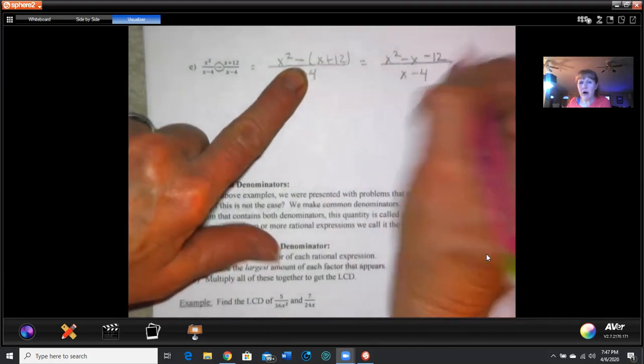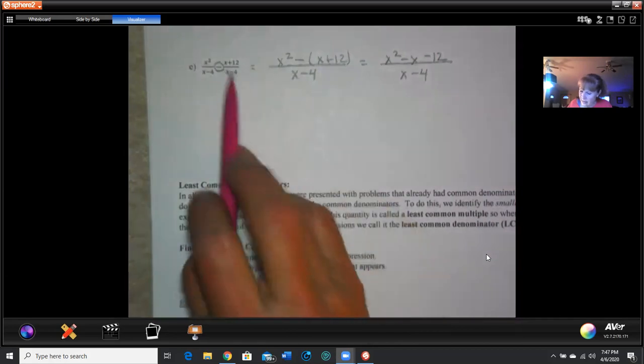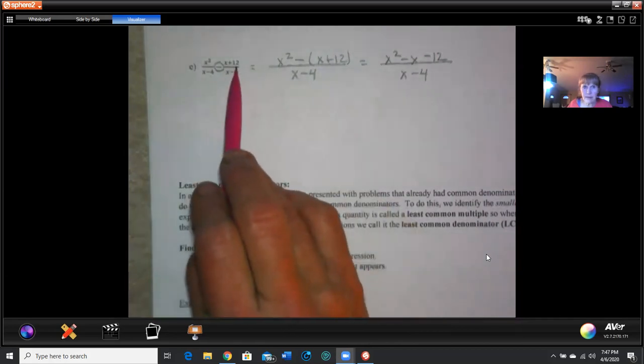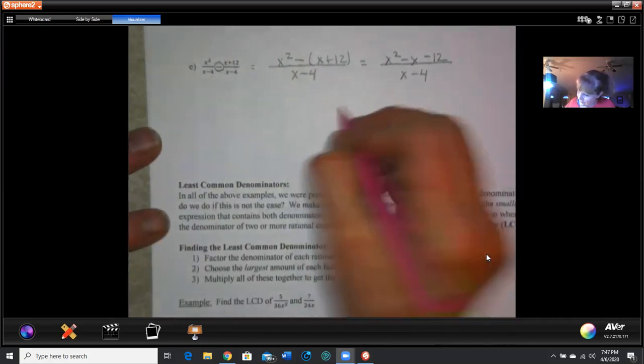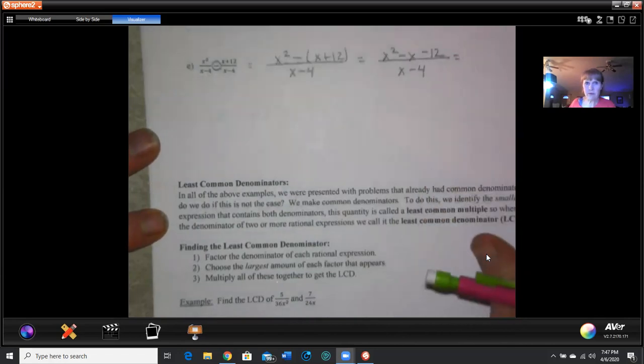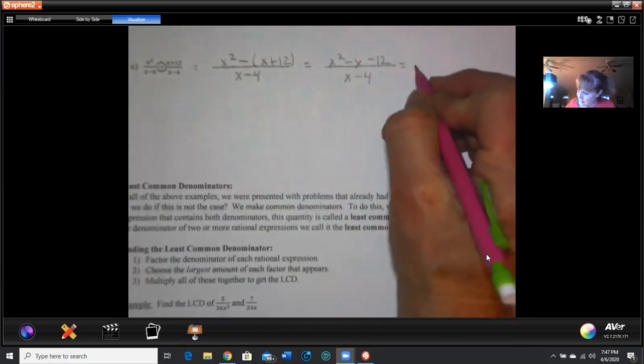That's the hardest part in adding and subtracting in this section, is remembering to change the sign in the numerator here. Change those signs there. So it's minus x minus 12. So then simplifying here, I guess we'll just move this over a bit. Let's see if we can factor this.